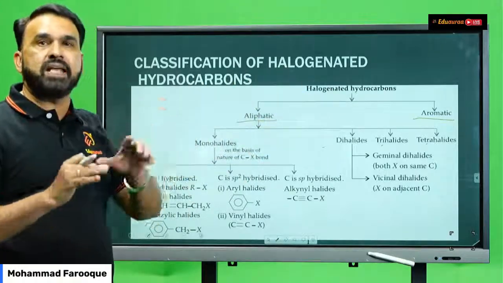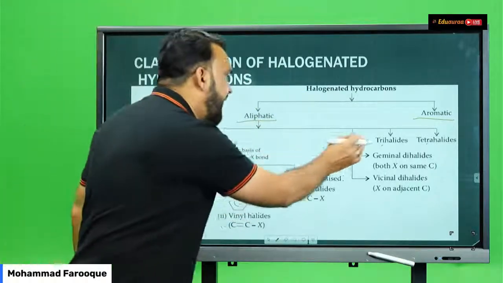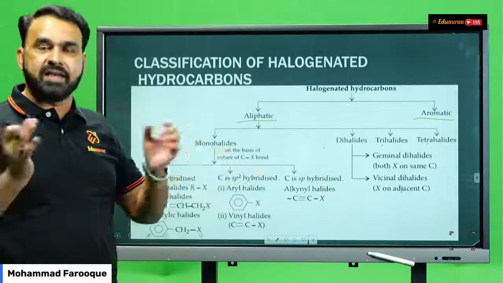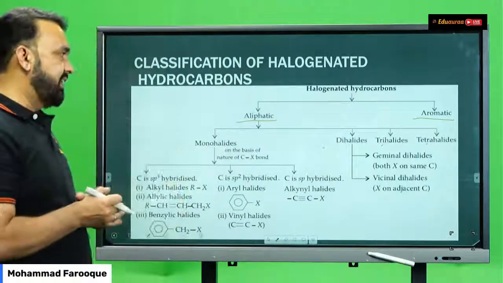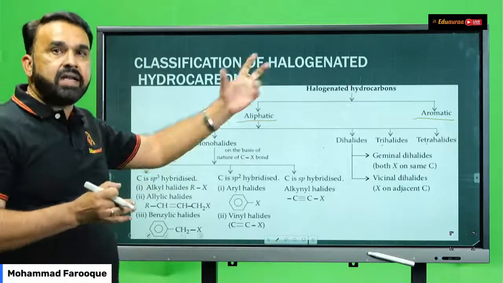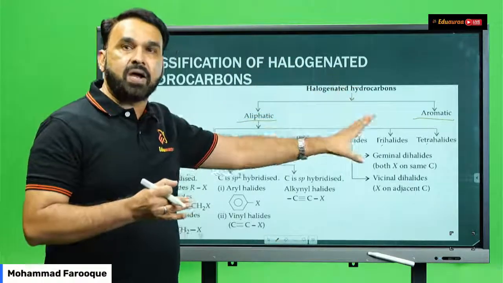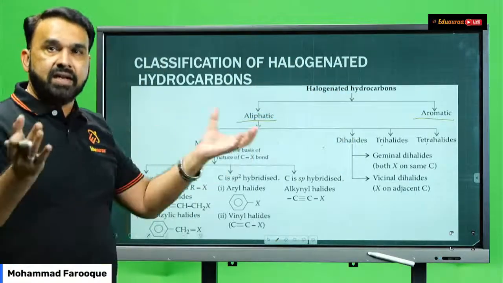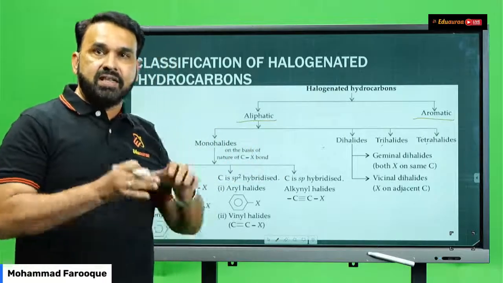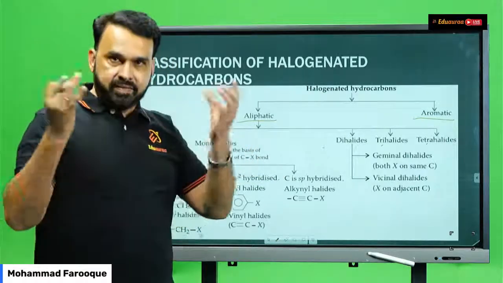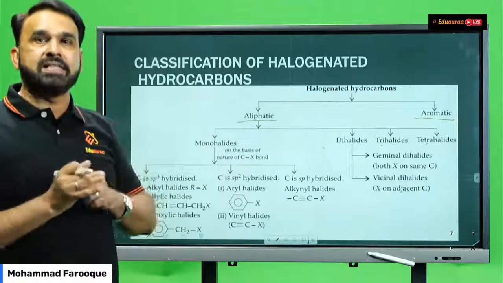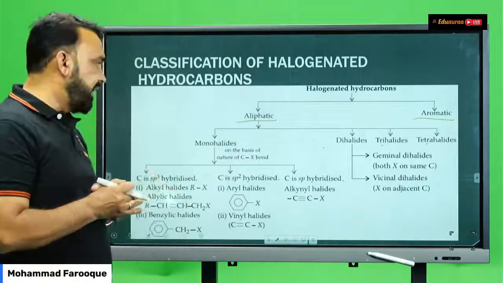Three hydrogens replaced by three halogens makes it trihalides, and more than three makes it tetrahalides or polyhalides. Right, students? Aromatic halogen derivatives of hydrocarbons are what? They are the derivatives in which the halogen atom is attached to a benzene ring or an aromatic ring.